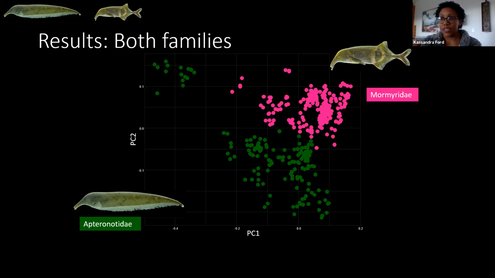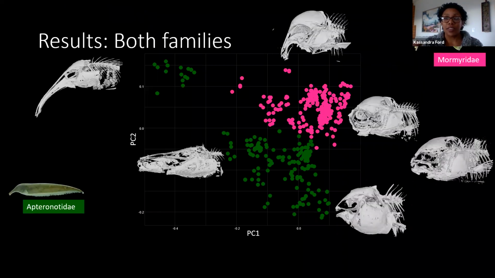If we want to visualize some of the morphologies that we're seeing across these two axes, here are some of the skulls that I have reconstructed. Over here on the left-hand side, on the extreme negative PC1 axis, we have Sternarchorhynchus, which is in the Apteronotidae group.